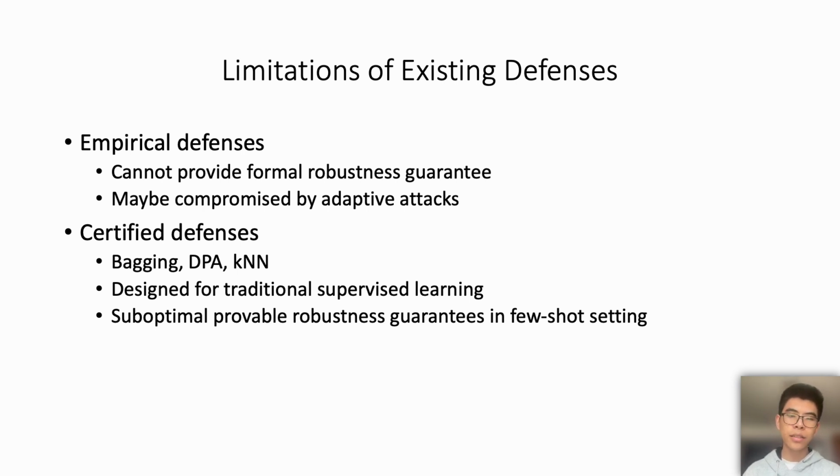Existing certified defenses, such as bagging, DPA, and KNN, are designed for traditional supervised learning, so they have suboptimal provable robustness guarantees in the few-shot setting. The reason is that, by design, these defenses do not consider the high-quality features provided by foundation models.